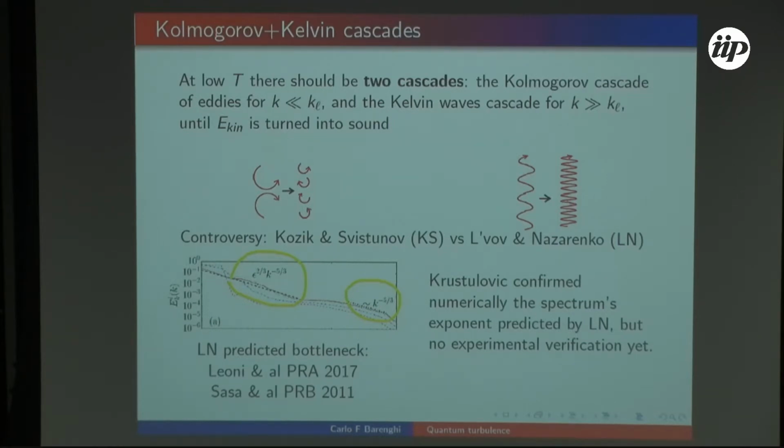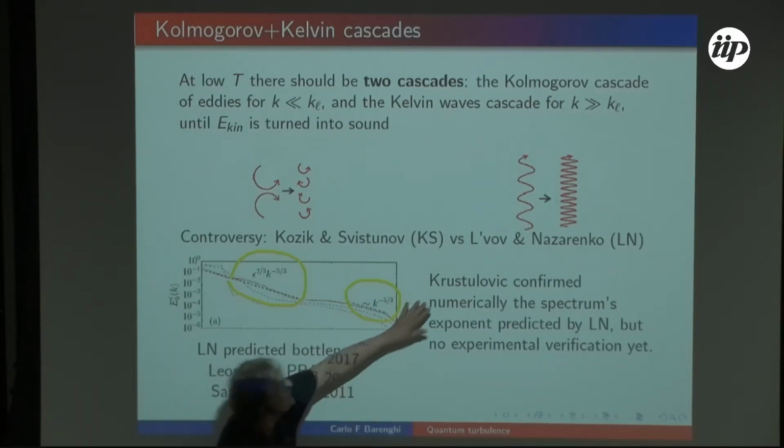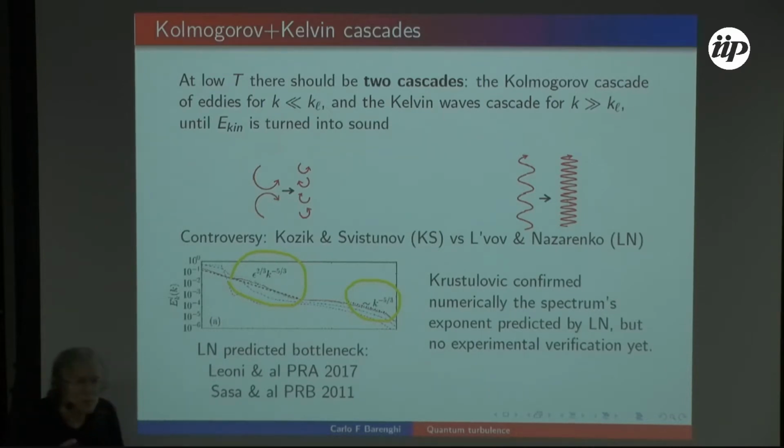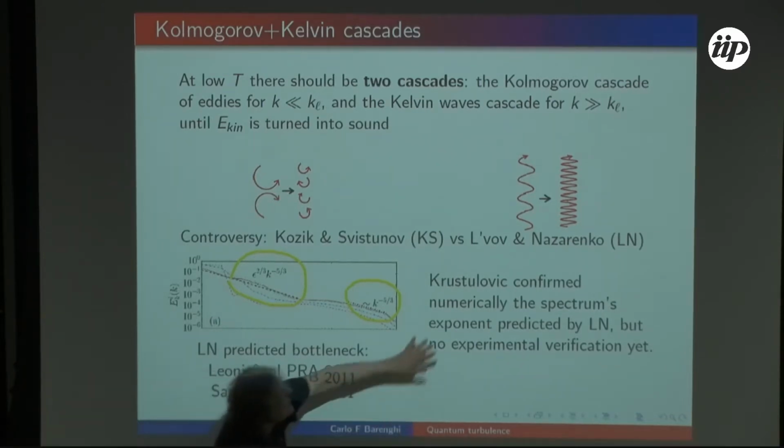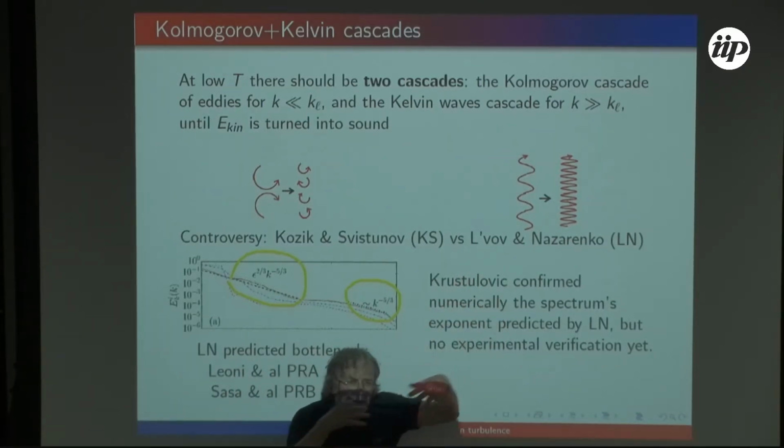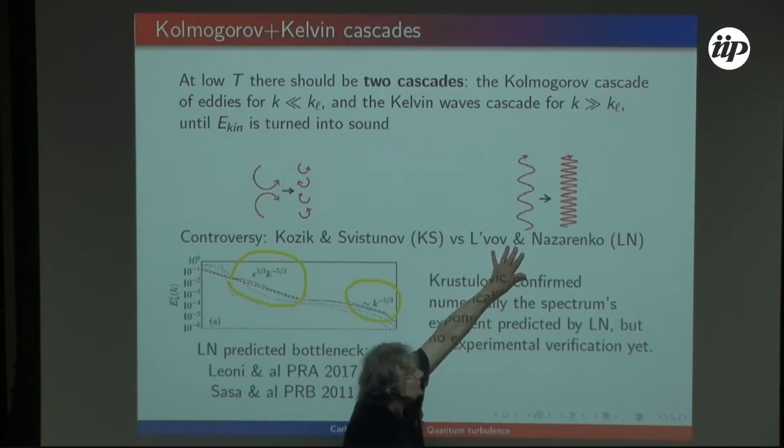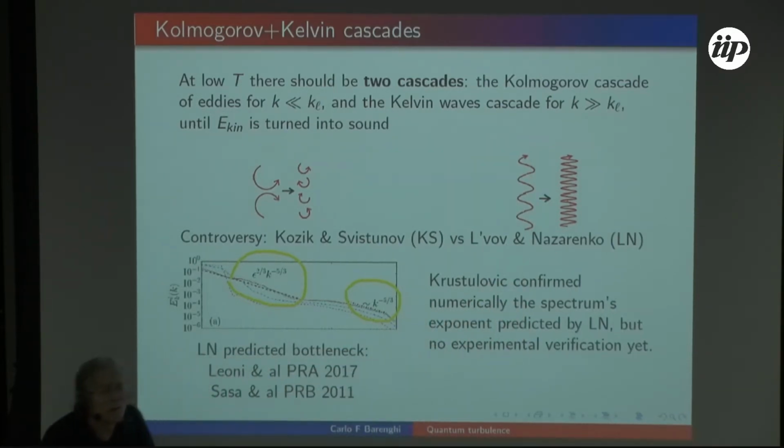There is not an experiment which shows this clearly. Nobody knows how to do it, but the numerics eventually became better and better, and at some point, George Krstulovic was able to tell that this prediction and the kind of wave interaction which gives origin to the right slope of the spectrum was correct.